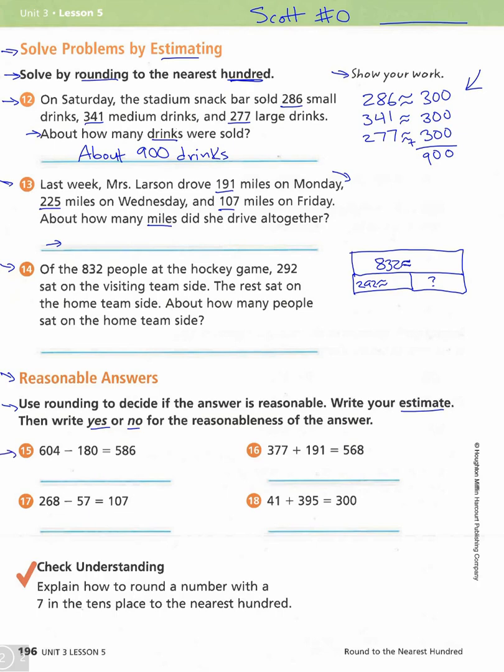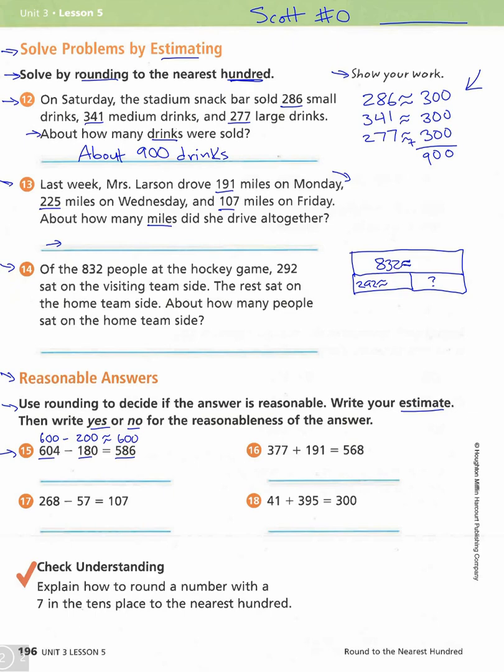We're going to take each of these numbers and round them to the nearest 100. So 604 becomes just 600. 180 becomes 200, right? And we're still going to take away. And 586 becomes 600.